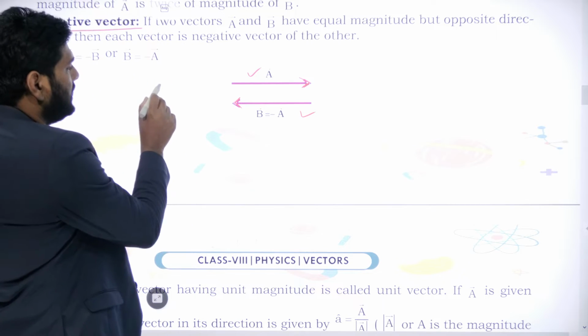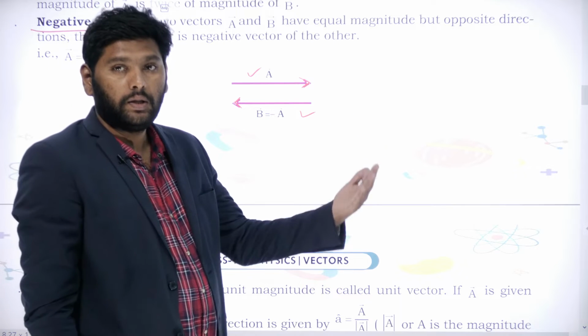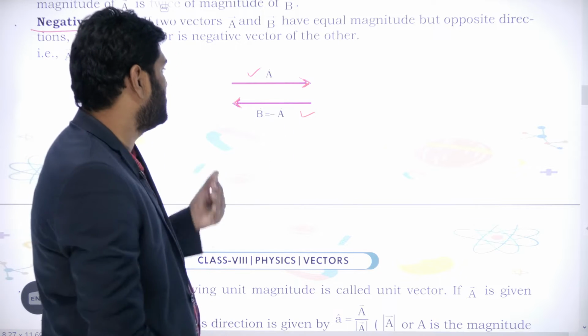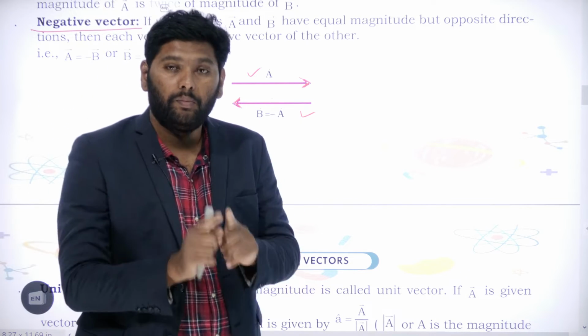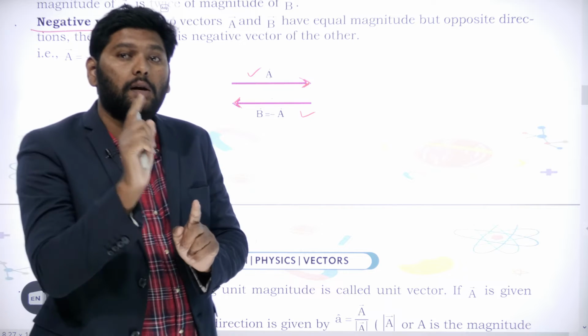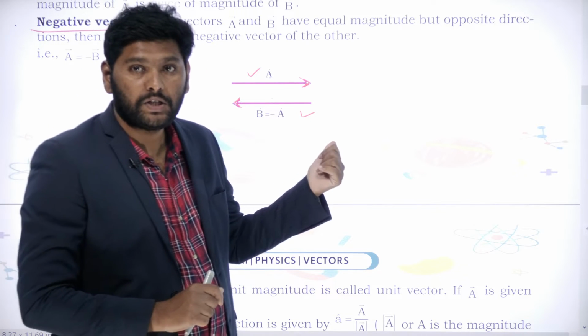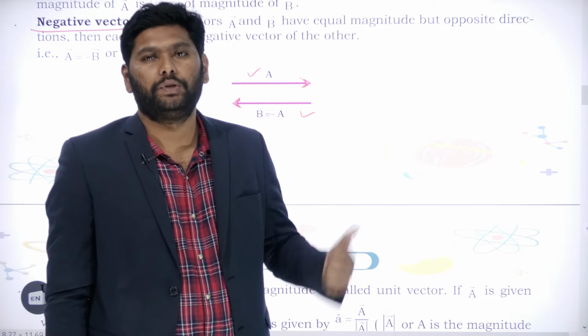If I consider A bar as the positive direction, then obviously B bar is representing the negative direction. But both have the same magnitude. Keep it in mind: the magnitude is the same, the nature is also the same, but it must act in the opposite direction.